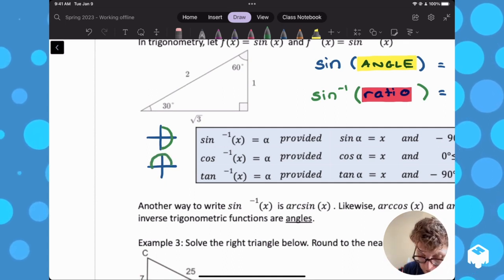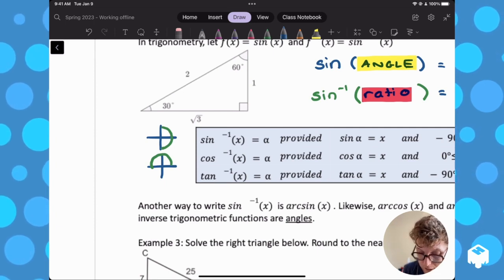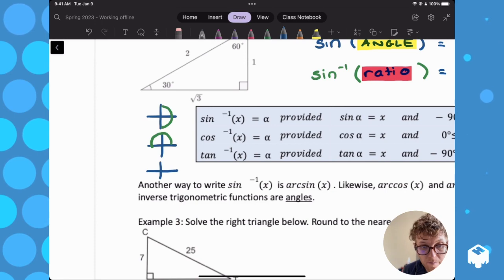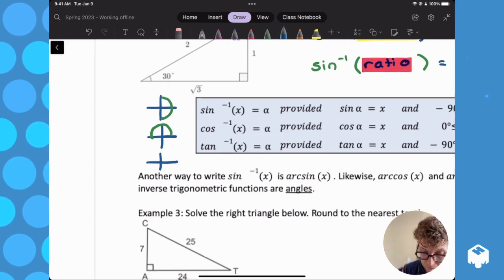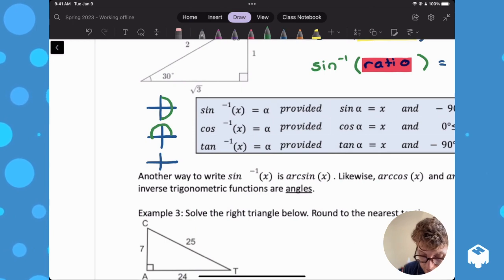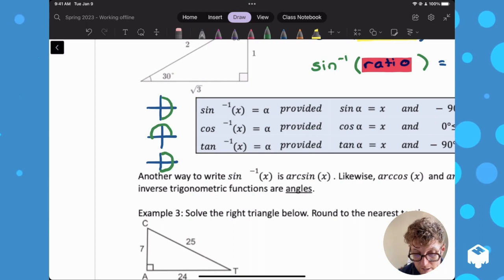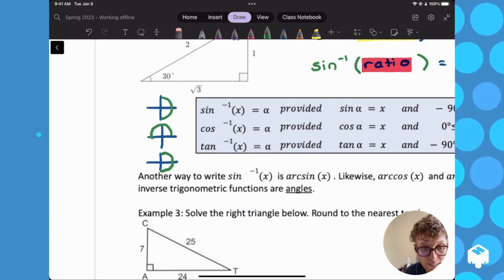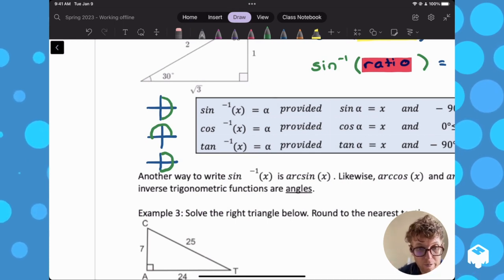If this is not clear to you, when we review the unit circle, this will make a little bit more sense. And the tangent function is always going to be between negative 90 and positive 90 degrees. So there are these domain and range restrictions when we find an inverse of a trig ratio.